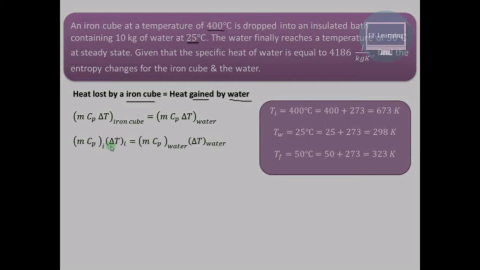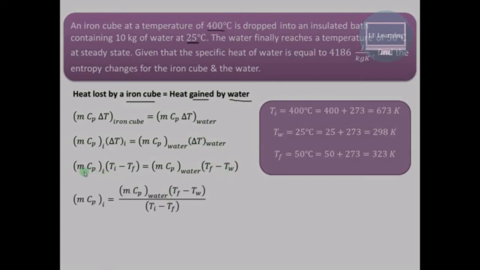The change in temperature for the iron cube will be the temperature of the iron cube minus the final temperature. Similarly for water, the change in temperature will be the final temperature minus the temperature of water. So we can find the heat capacity mCp for the iron cube as mCp of water into Tf minus Tw divided by Ti minus Tf.